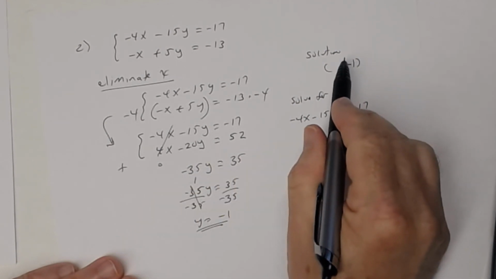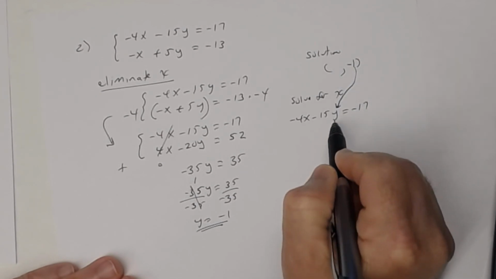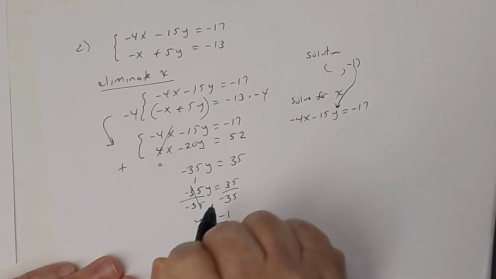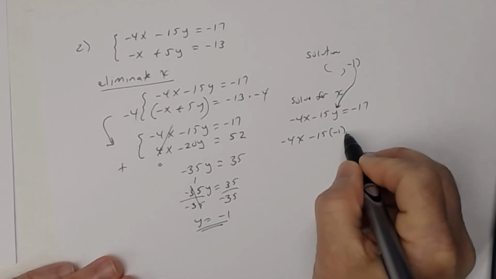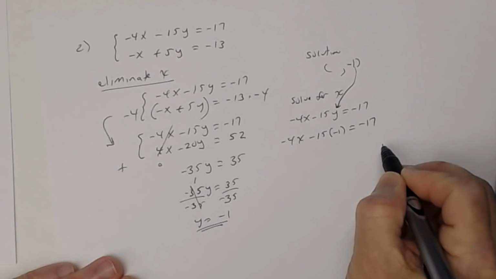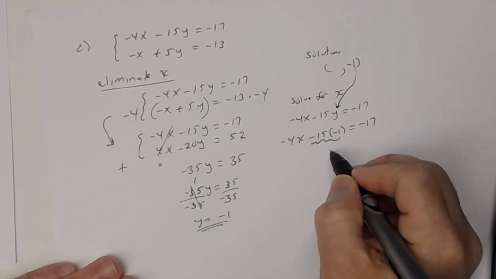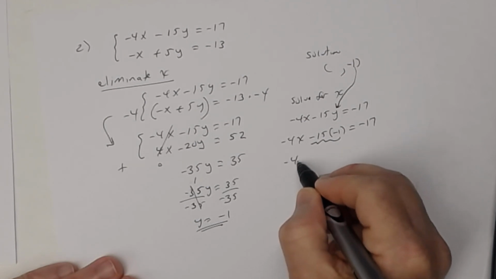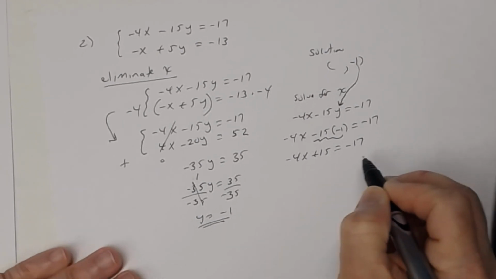So wherever you see the y now, I'm going to substitute negative 1. So in place of y, I'm going to substitute negative 1. So I get negative 4x minus 15 times negative 1 equals a negative 17. A negative 15 times a negative 1 is a positive 15. So I get negative 4x plus 15 equals negative 17.